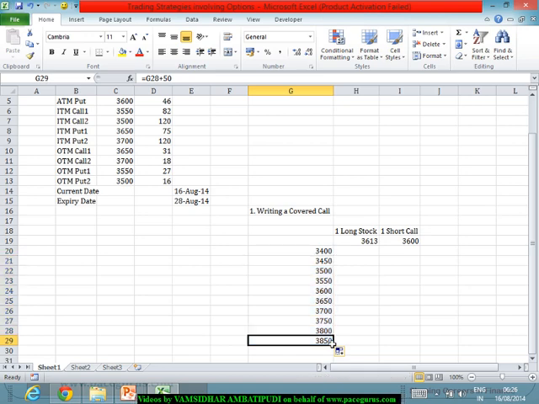Let's say these are all the possible prices on the expiration date.